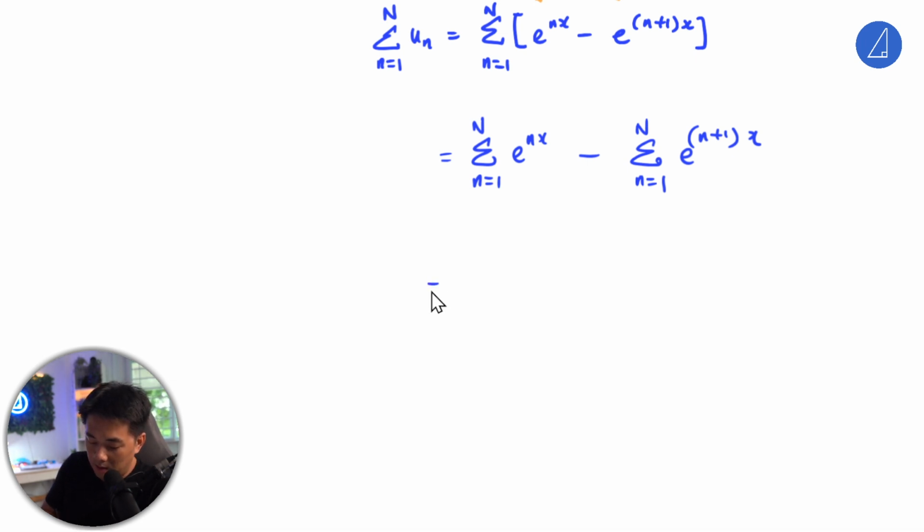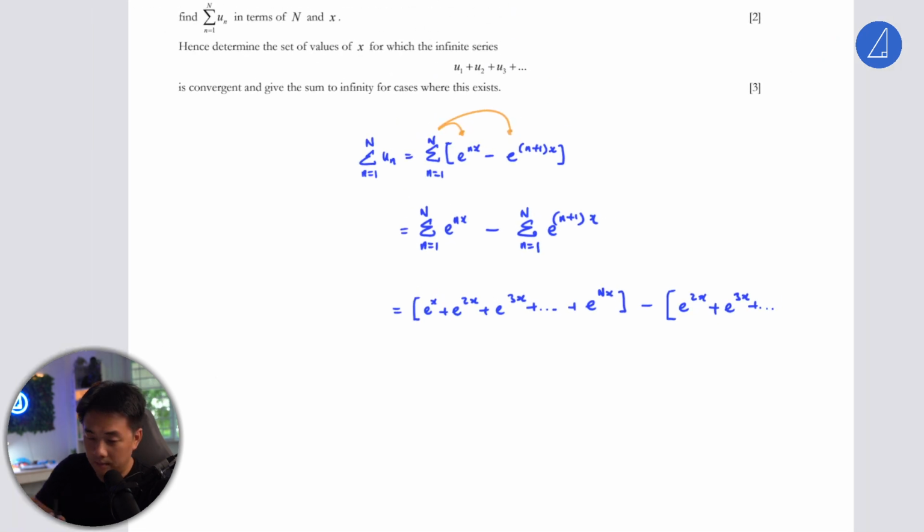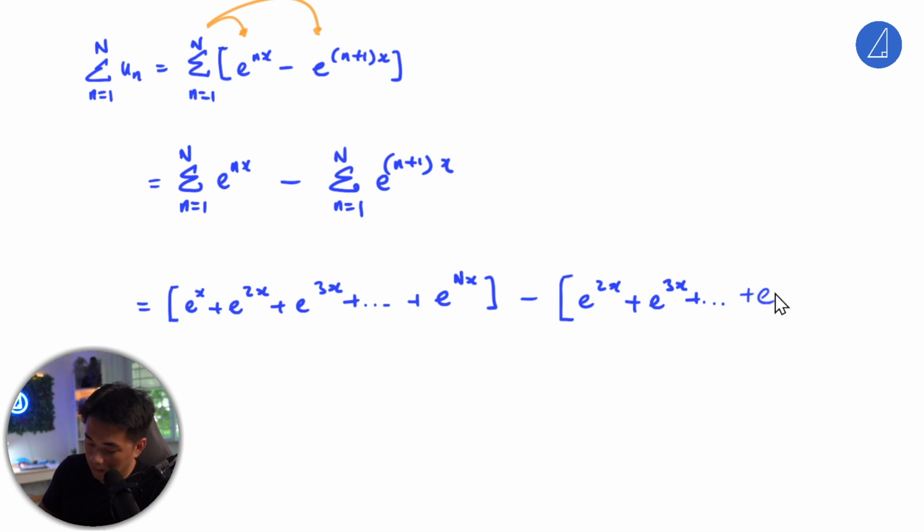Once we expand everything out, this would be e^x plus e^(2x) plus e^(3x) all the way to the last term, which is e^(Nx). Then similarly for this one, it is e^(2x) plus e^(3x) all the way to the last one, which is e^((N+1)x).